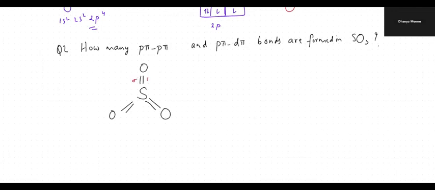Here also one is a sigma bond, one is a pi bond. One is a sigma bond and one is a pi bond. Now there are 3 pi bonds. So we have to check whether these pi bonds are p pi p pi or p pi d pi, okay? And we have to tell the number, how many, okay?